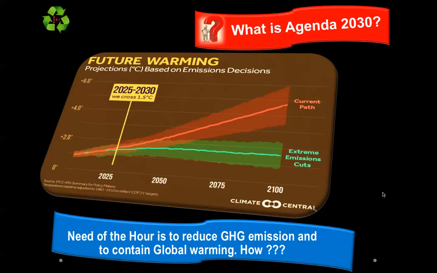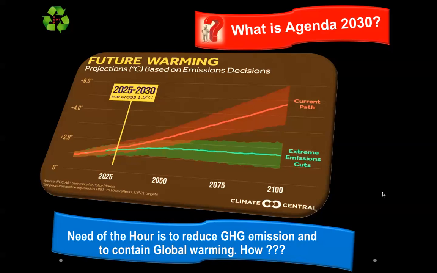We talked about global warming, and global warming increases the average Earth temperature. When it increases, it causes a huge amount of impact, what we saw in the last slide. So the need of the hour, the 2030 agenda, is to contain global warming, the increase in temperature, to about 2 degrees centigrade.